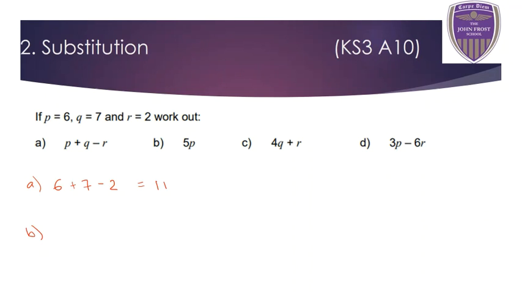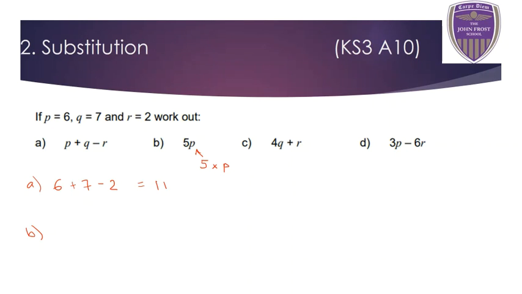For question B, we're told that P equals 6. But that doesn't mean that this is 56, which is a common mistake. You've got to remember in algebra that when 2 terms are next to each other with nothing in between, so there's no add or subtract in between, it always means multiply. So this 5p actually means 5 multiplied by p.